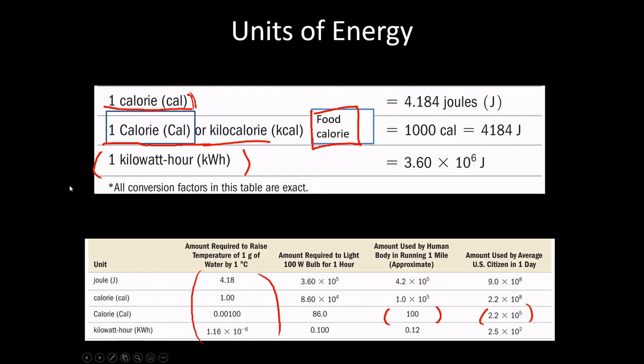As you can see here, you can heat up a gram of water, which given is not a whole lot of water, but let's bump that up to 1,000 grams, which would be a liter of water. So a liter of water, you can heat that liter of water up by 1 degree C, which is significantly larger than 1 degree Fahrenheit, if you remember, with just a single food calorie.